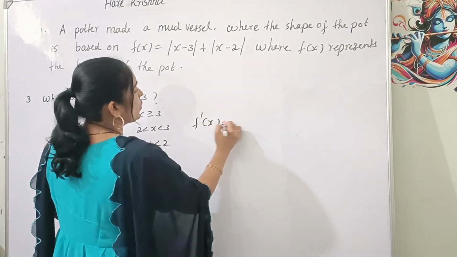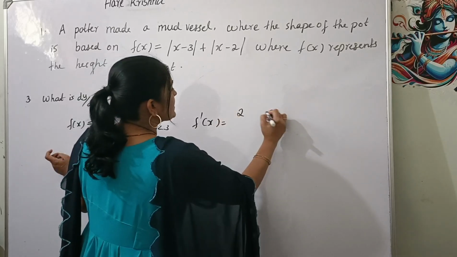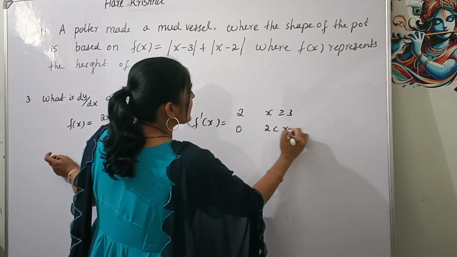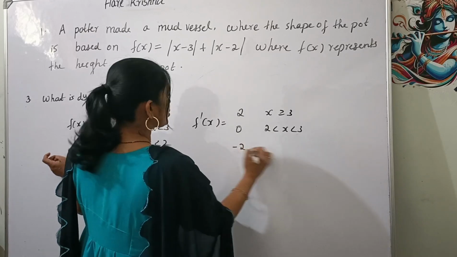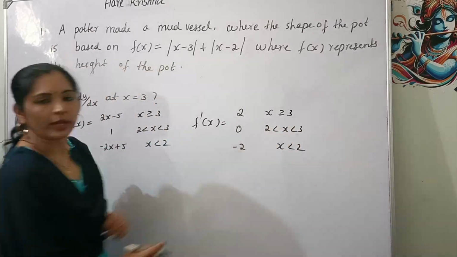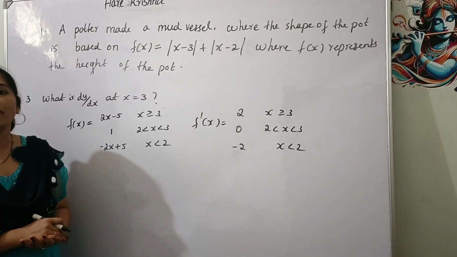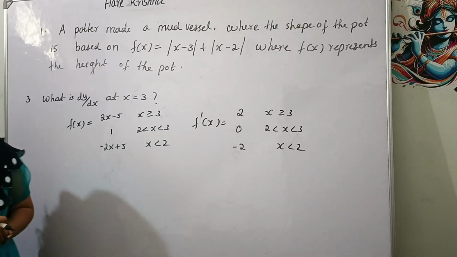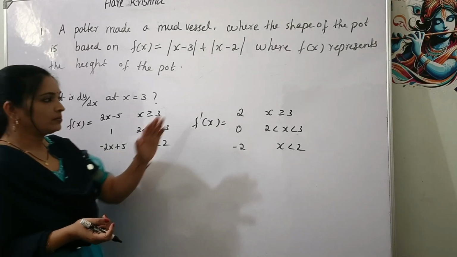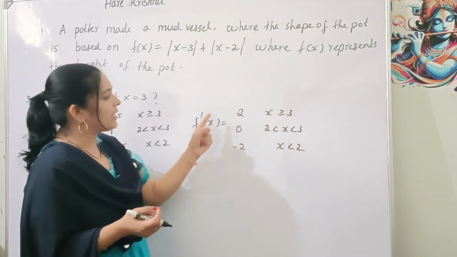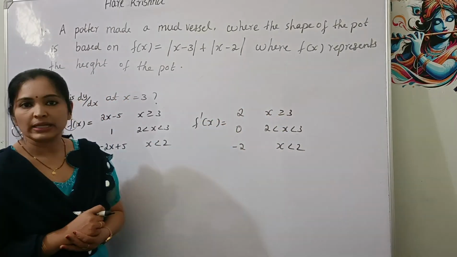f dash of x is equal to 2 when x is greater than or equal to 3. 0 when 2 less than x less than 3. Minus 2 when x less than 2. So here we have to find dy by dx or f dash of x at x is equal to 3. We observe that when x is greater than 3, f dash of x is 2, right?